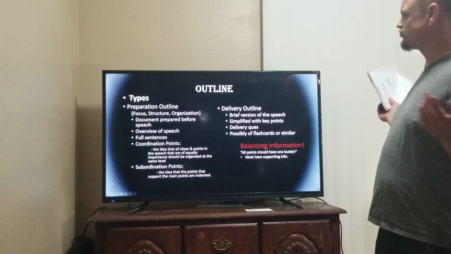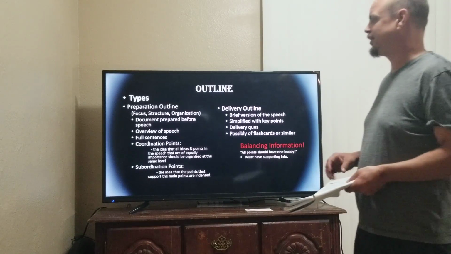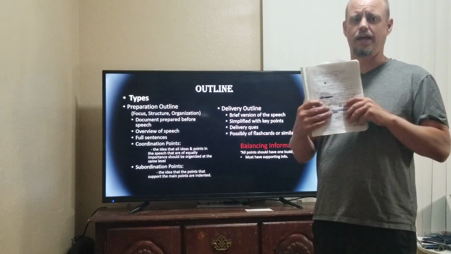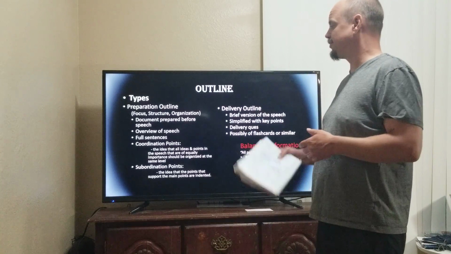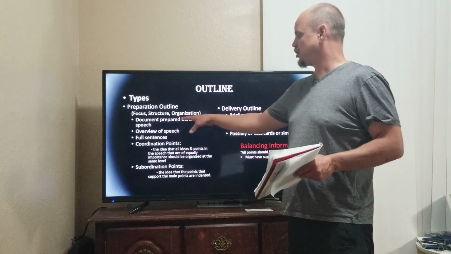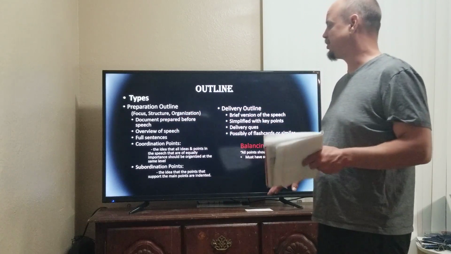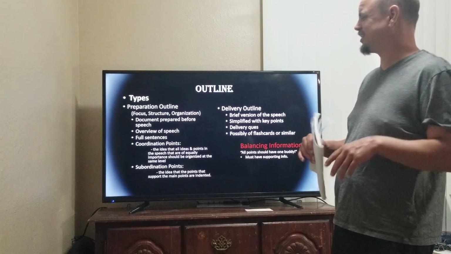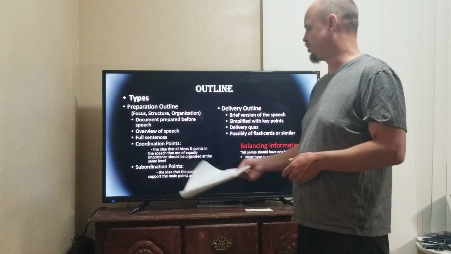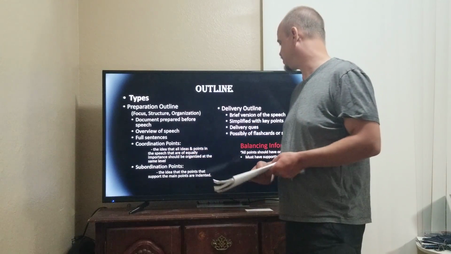Now, you have to have an outline, and the types of outline are like your preparation outline, like I have right here. That mainly focuses on your structure, your organization. There'll also be documents in there that you have prepared for your speech, and it has an overview of everything that you're doing in there: your full sentences, coordination points, and subordination points.